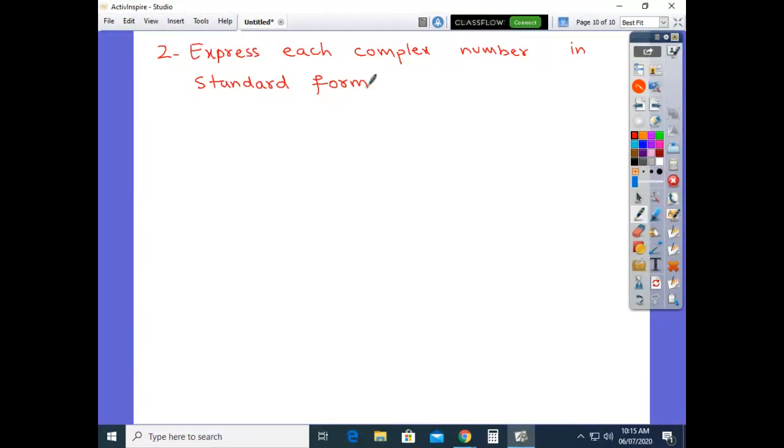What is the standard form of a complex number? A plus B iota, where A and B are real numbers.